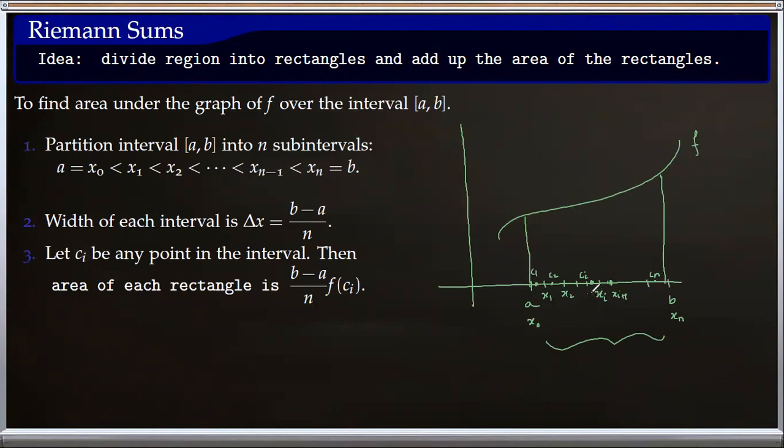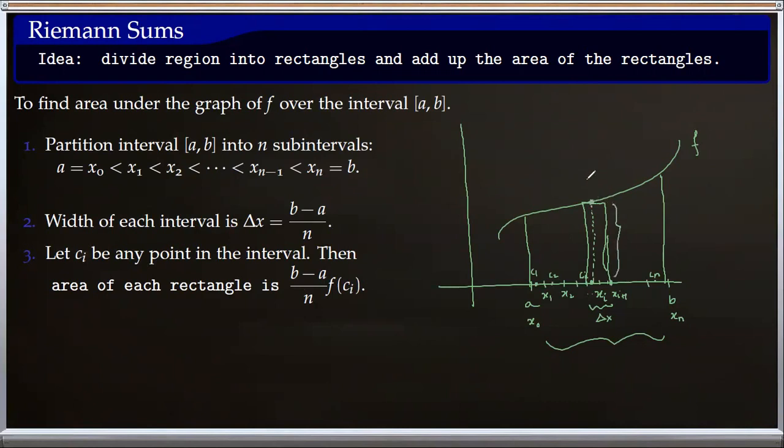So in the ith interval, we want to find the area of the rectangle. We are drawing the height at ci. So this rectangle will look like this one. The width is simply delta x, which we know is (b minus a) over n. And the height will be given by this length.